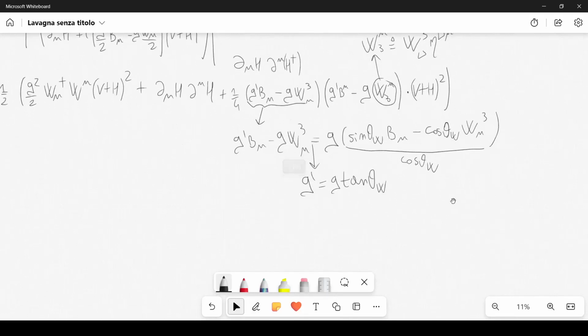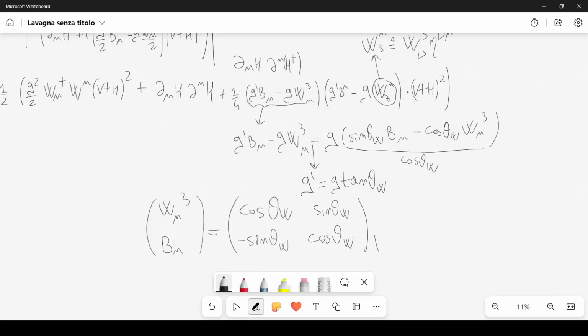Now we have to remember that W mu 3 and B mu can be obtained by a rotation of this kind, cosine of theta W, sine of theta W, minus sine of theta W, cosine of theta W, and here we have the vector Z mu, A mu.